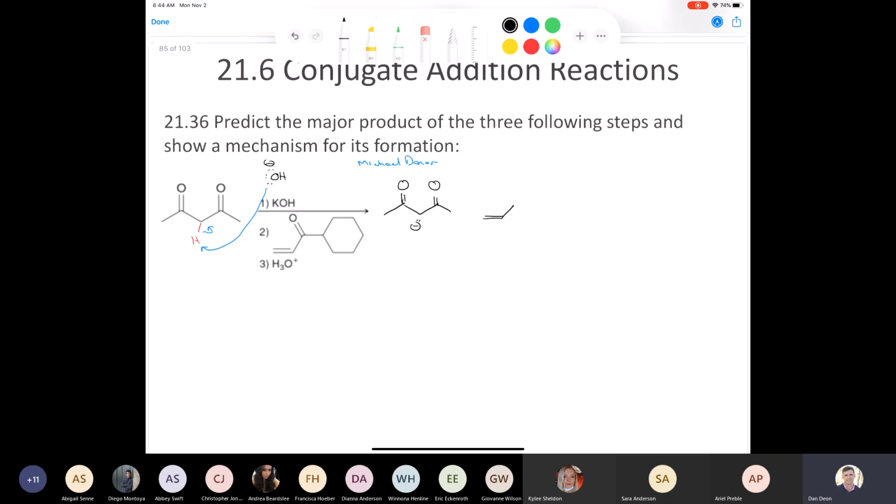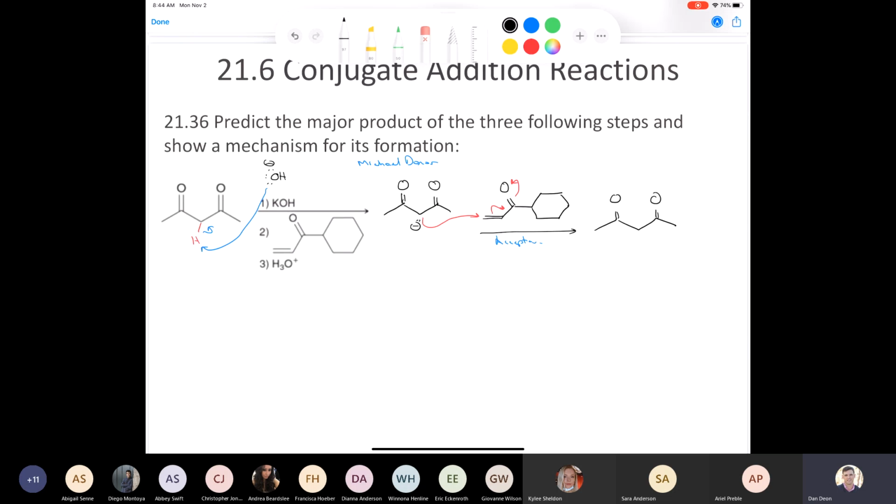Hopefully you guys are following along here and trying to draw these mechanisms. You probably draw them faster than me. Okay, so this is our Michael acceptor. Just write acceptor here, and we're going to get our nucleophilic attack like that. And we're going to end up with an enolate. So let's draw what that enolate would look like.